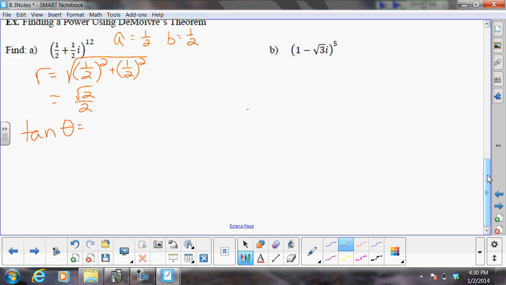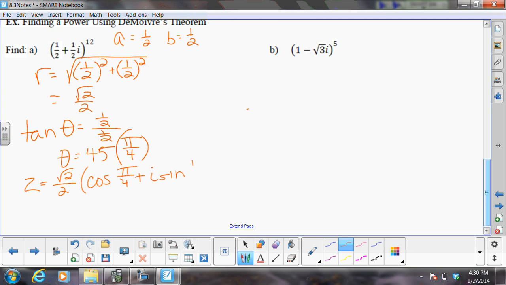So tan theta is equal to a half over a half, which is 1. So theta is 45, which is pi over 4 in radians, because we want to keep it in radians. All right, so our trig form is radical 2 over 2 cosine pi over 4 plus i sine pi over 4.